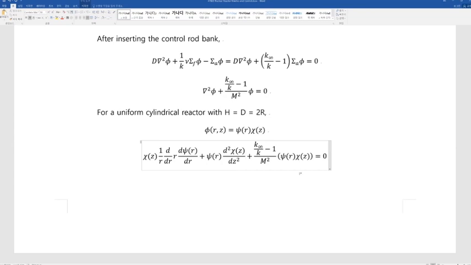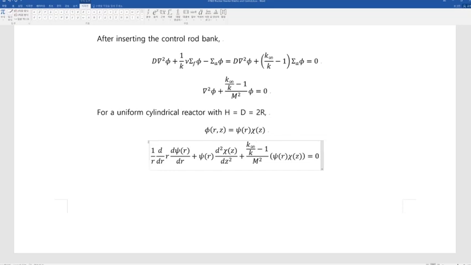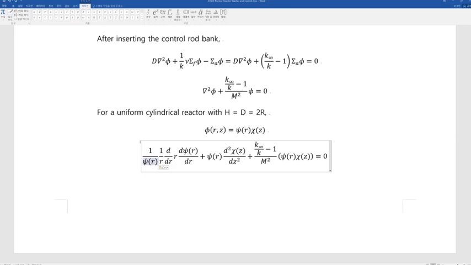If we divide each term with psi and chi, chi will be deleted, so what will remain is only 1 over psi. Also, if we divide this with psi and chi, then psi will disappear, and 1 over chi will remain. So the equation is now changed to this.